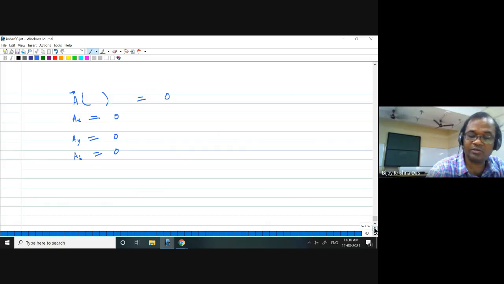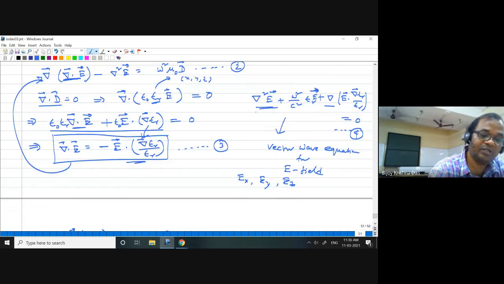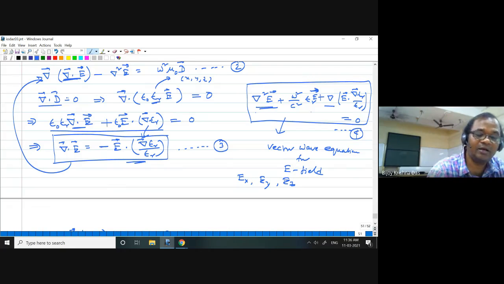So from this vector wave equation, I can find what is the x component in the left hand side, what is the y component, and what is the z component. Then I can have 3 different equations, and they can be treated as scalar equations. If you solve these 3 scalar equations, then you can solve all the 3 components.